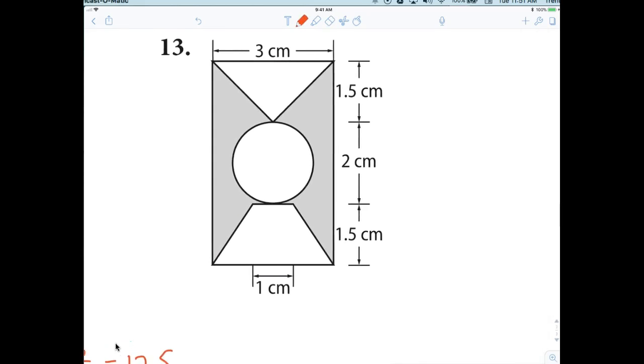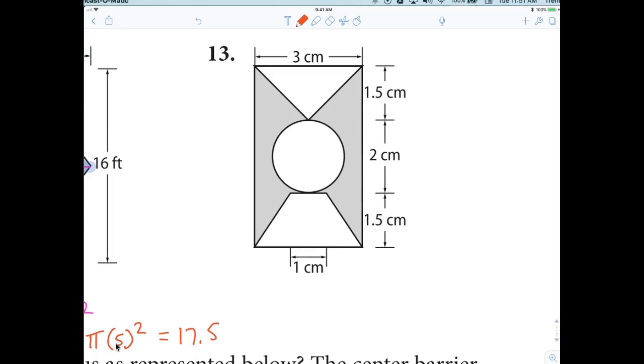Length times width. So here we go. Area of the rectangle is equal to length times width. Now the triangle's on top. So what's the formula for area of a triangle? 1/2 base times height.